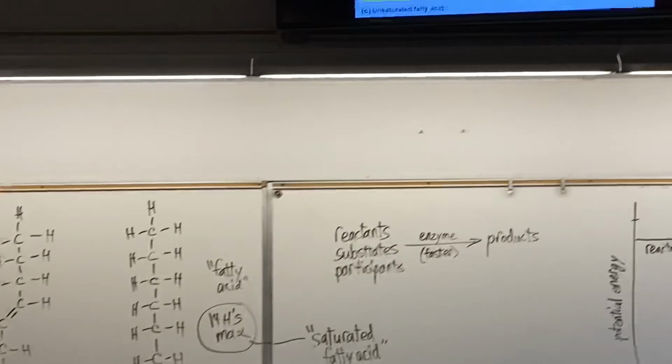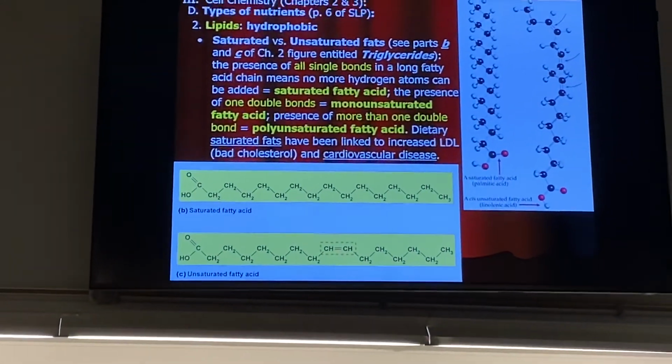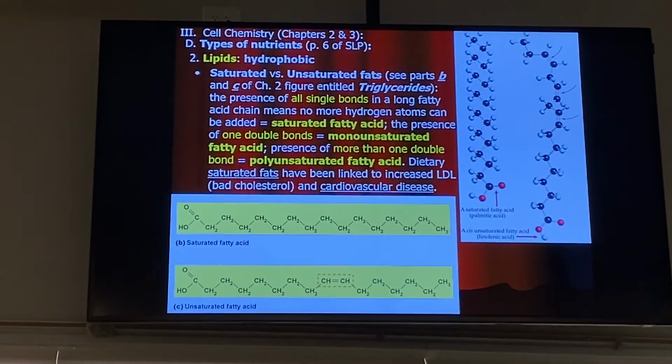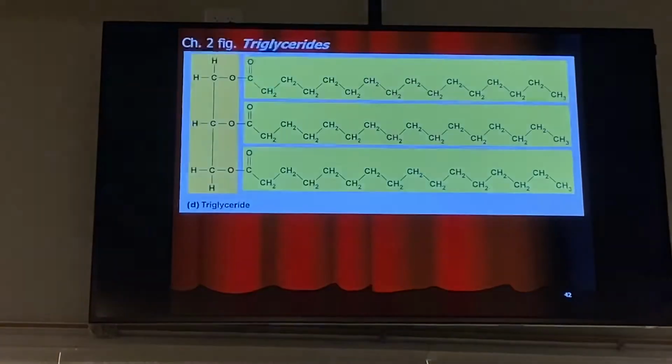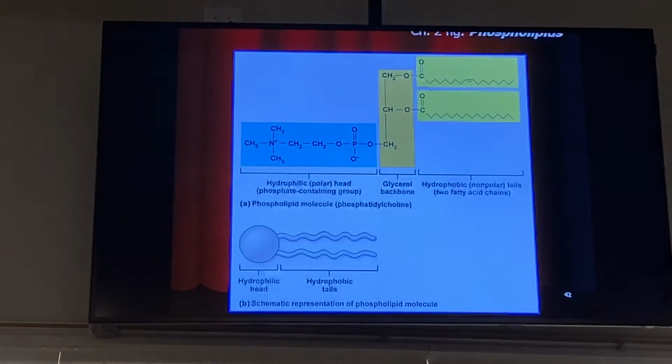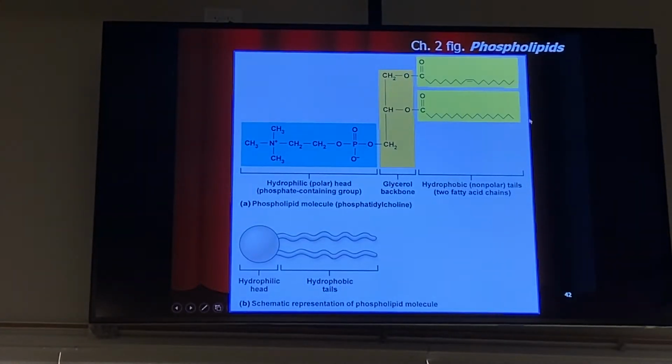If you have more than one double bond, that is a polyunsaturated fatty acid. So you could write monounsaturated fatty acid there for the one. By the way, that's why one of the tails of the phospholipid is bent. It's bent because of a double bond. In a phospholipid, one of the fatty acid chains is saturated.